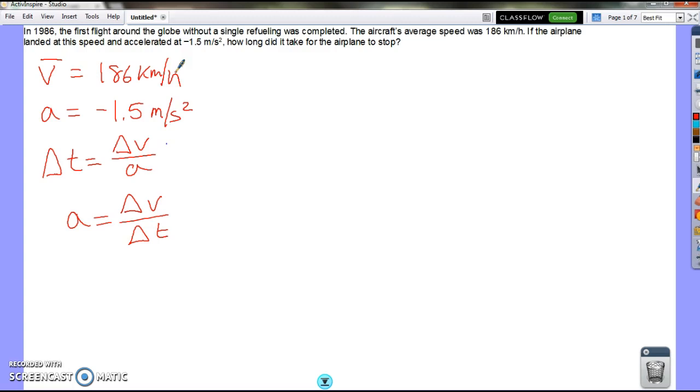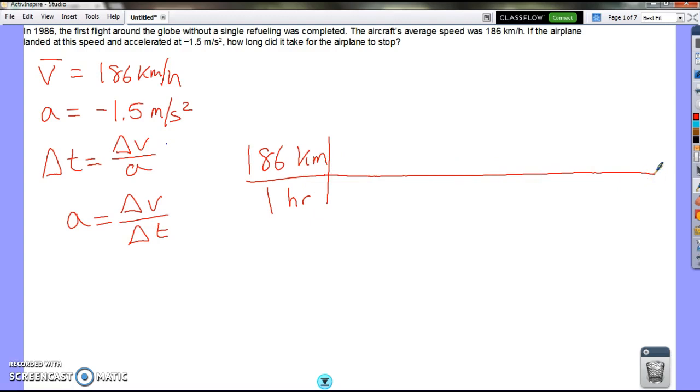So we know we need to have v over a, and so that is 186 kilometers in 1 hour, and we're going to divide that by acceleration. So let's put the acceleration, 1.5 meters in 1 second squared.